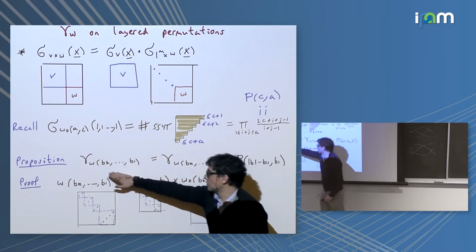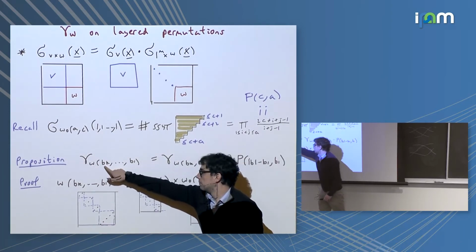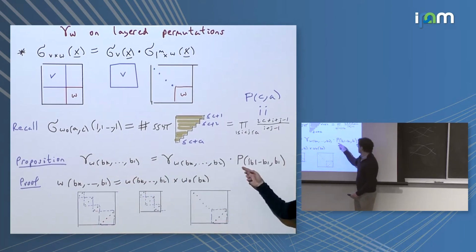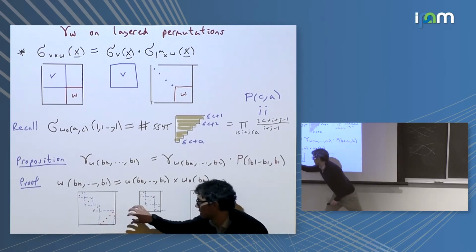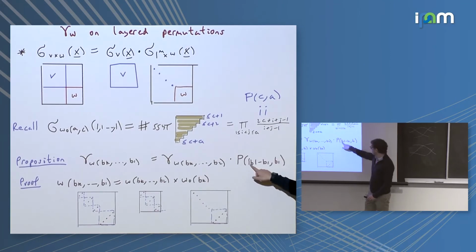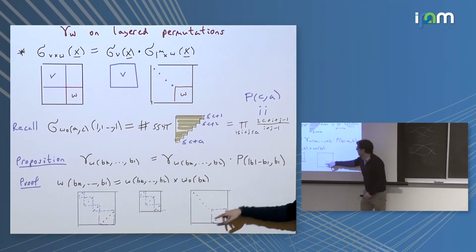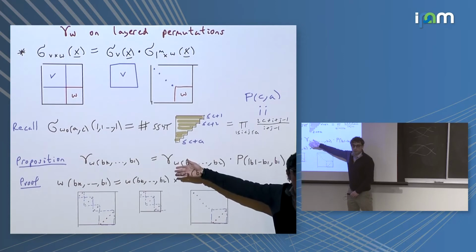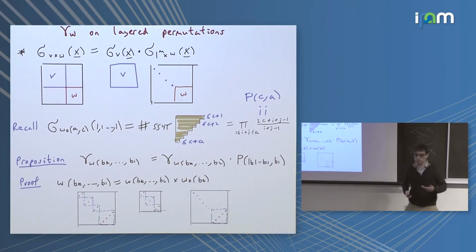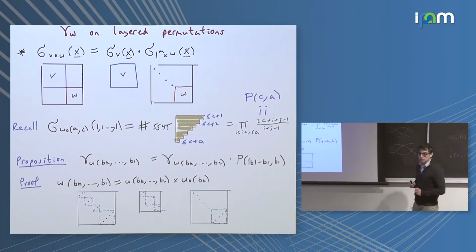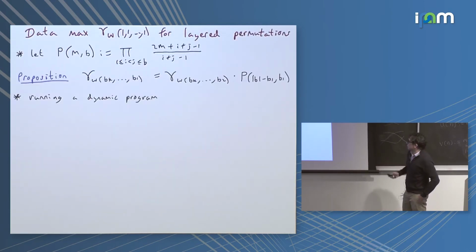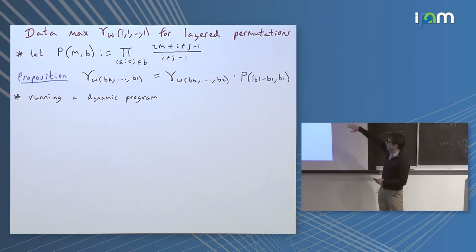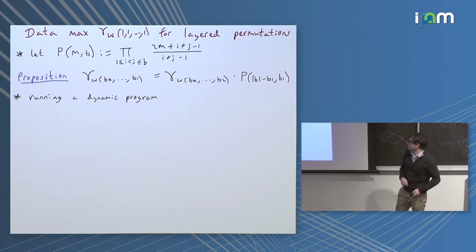The principal evaluation of a layered permutation with k runs is just the Proctor formula for the last run, which gives the number of fixed points you would have, times the evaluation of the previous layered permutation. We're going to use this. Any questions? So this is Proctor's formula, and this is the recursive way of computing the principal evaluation.